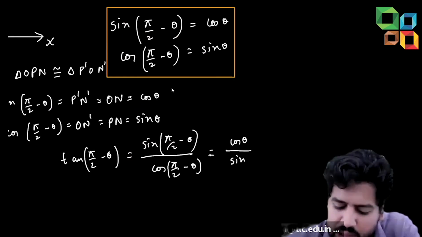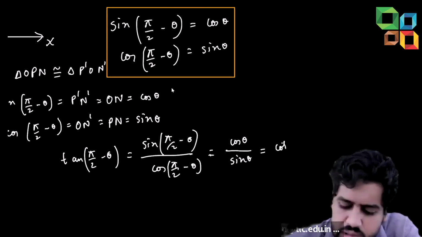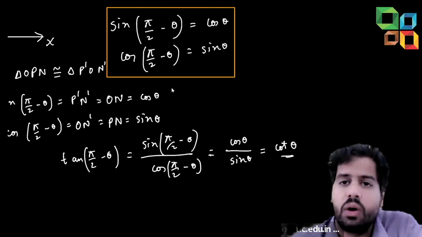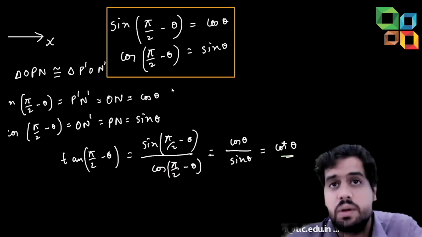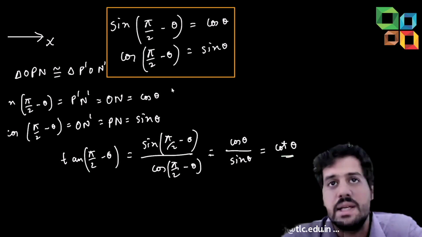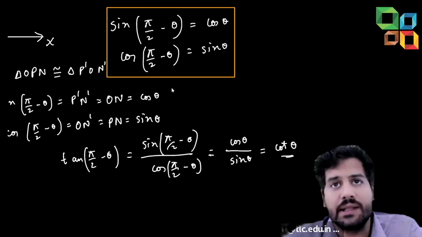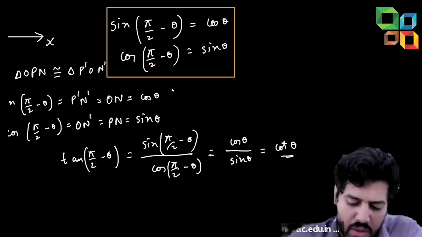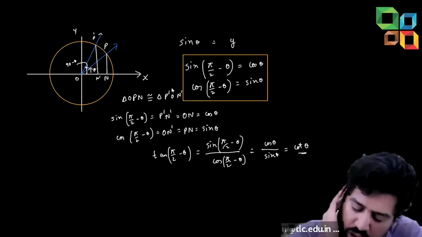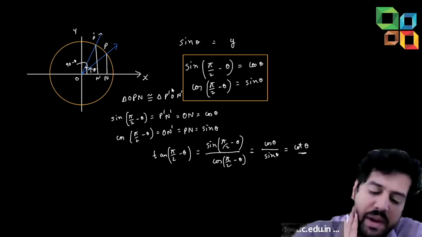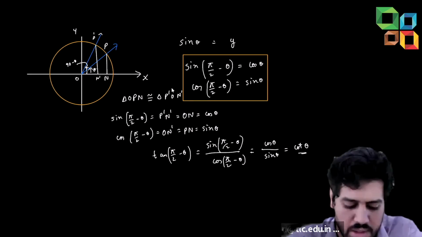So you'll have cos theta upon sine theta, which is cot theta. Okay, so tan of pi by 2 minus theta is cot theta. Similarly, you can get all the other ratios, secant, cosecant, cot, all these ratios you can get. Okay, so that is the sine and cos of complementary angles. Pi by 2 minus theta are complementary.